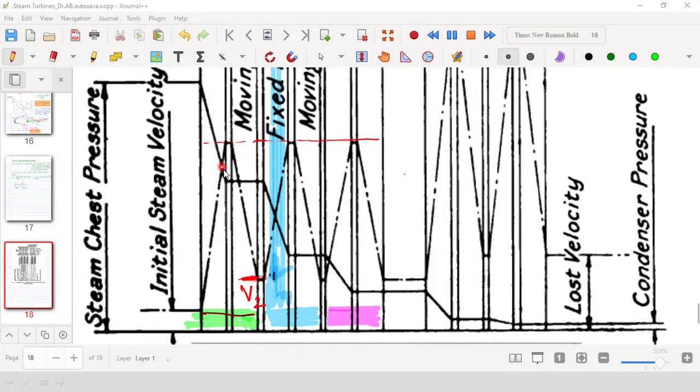So here is one pressure drop, then another pressure drop here, another pressure drop here. But as a result of all these pressure drops, the increment of velocity up to v1 is the same. Okay, that is the thing that is common to all the stages.